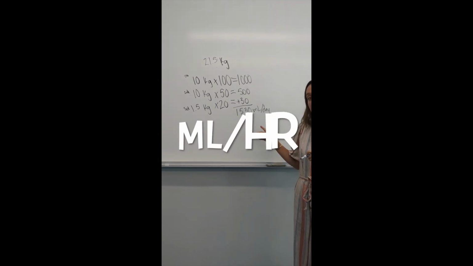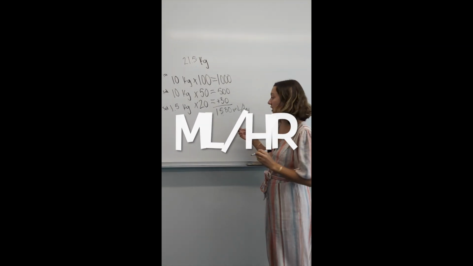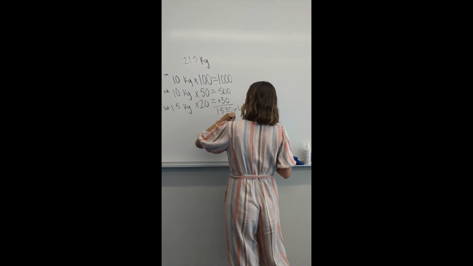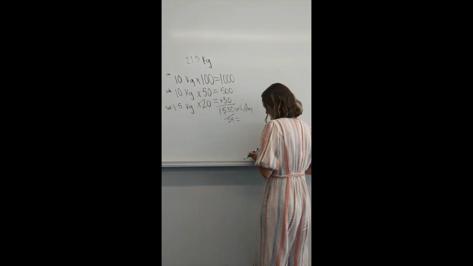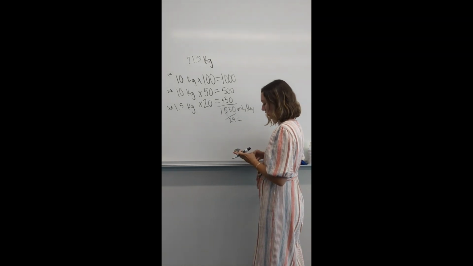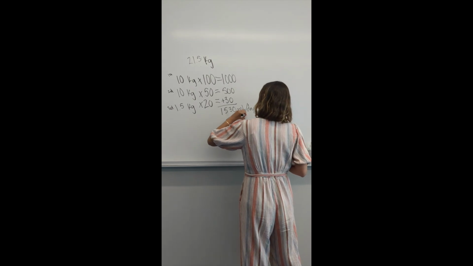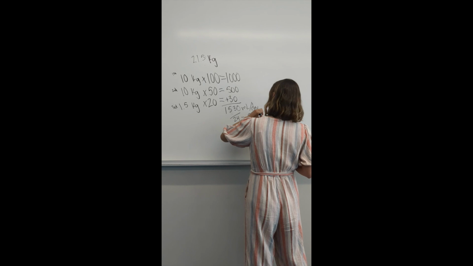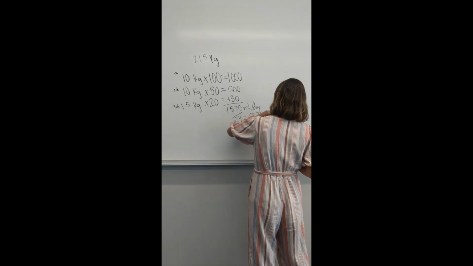How we determine mils per hour: there's 24 hours in a day, so we're just going to divide 1,530 divided by 24 hours. 1,530 divided by 24 is 63.75 milliliters per hour.